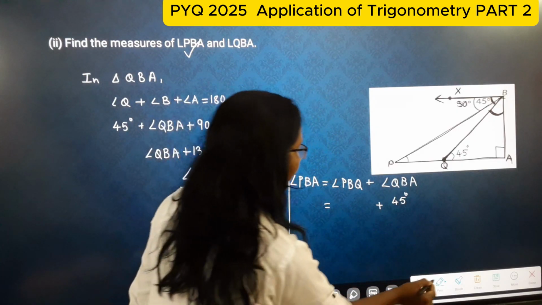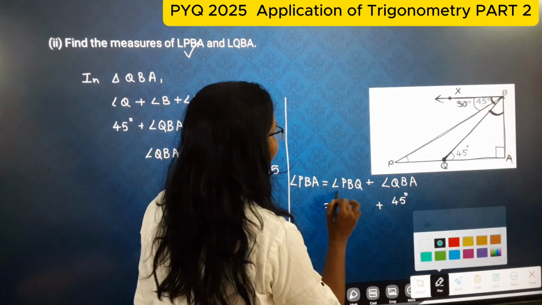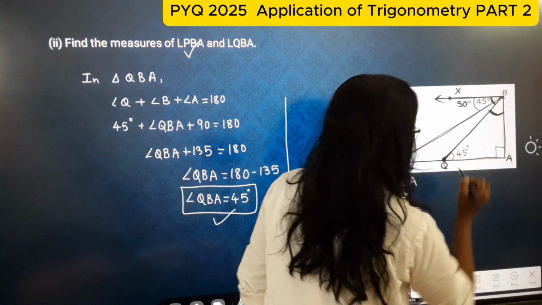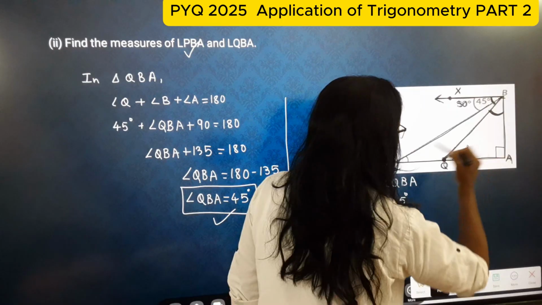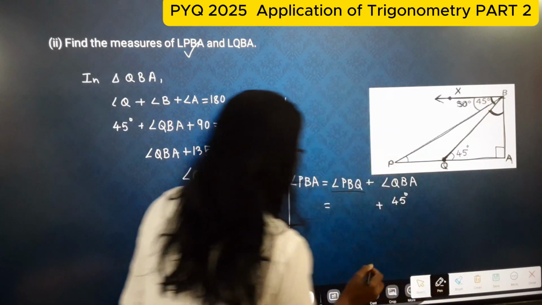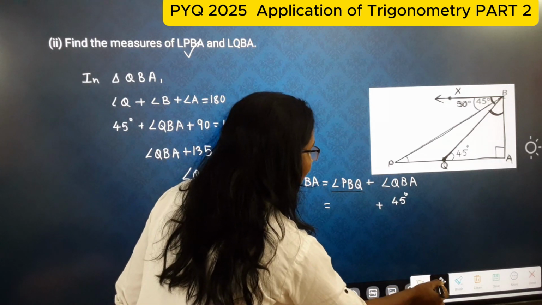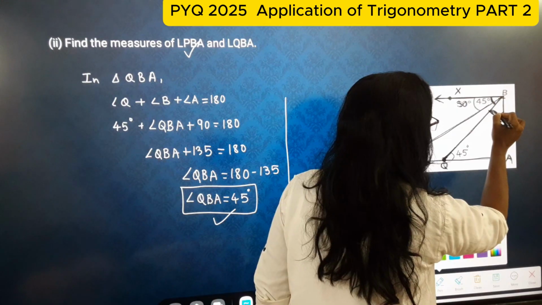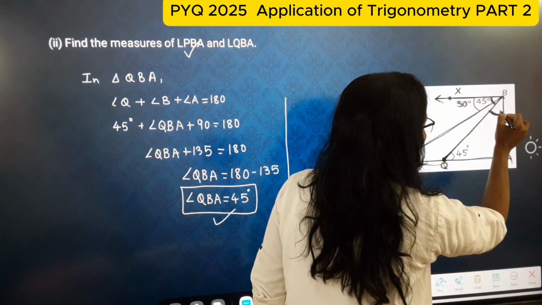How can we calculate this angle? Okay, PBQ. So now this angle, we can get as this one angle, totally this angle is 45 degrees also.